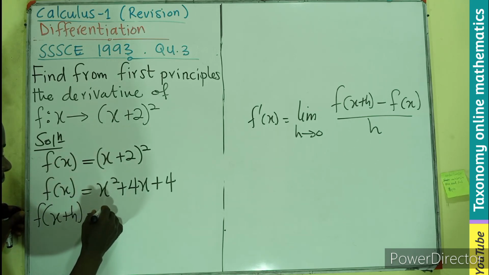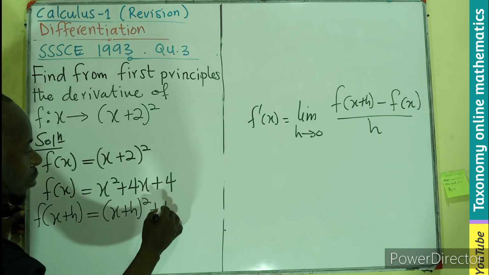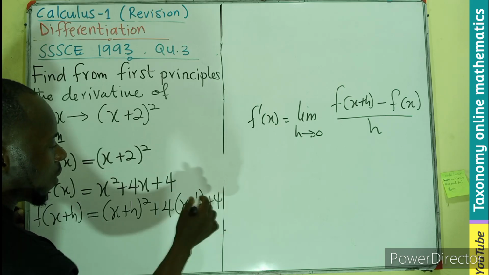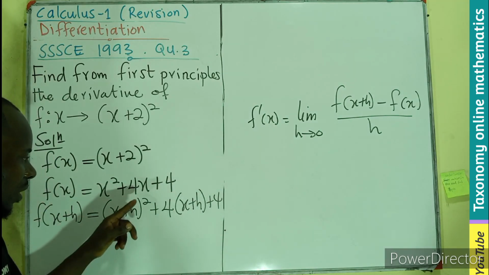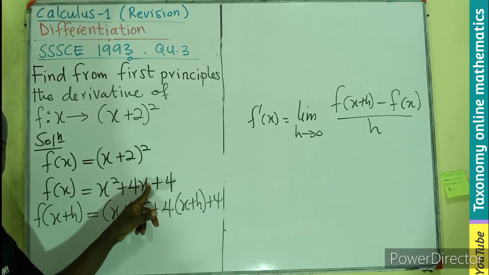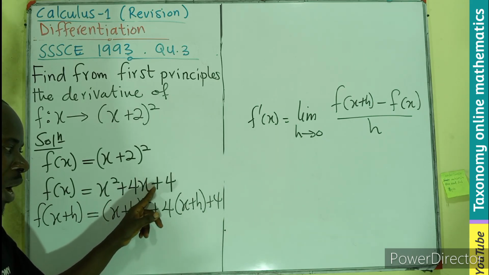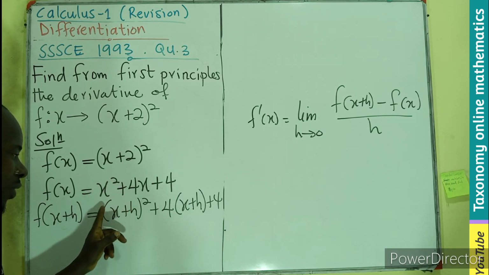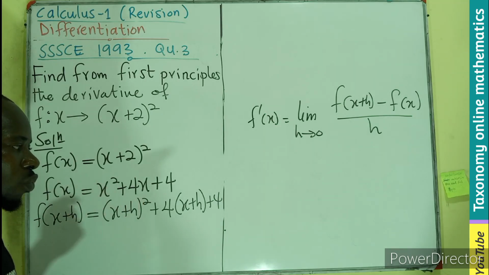Meaning the case here will be (x + h) squared plus 4(x + h) plus 4. I guess you get it? In the case of this, x is being increased by 1. So if x is 4 and you are increasing by 1, it will be 4 plus 1. So we add a change. Here, the x is squared. So if I find the change of the x and h, I will square that.